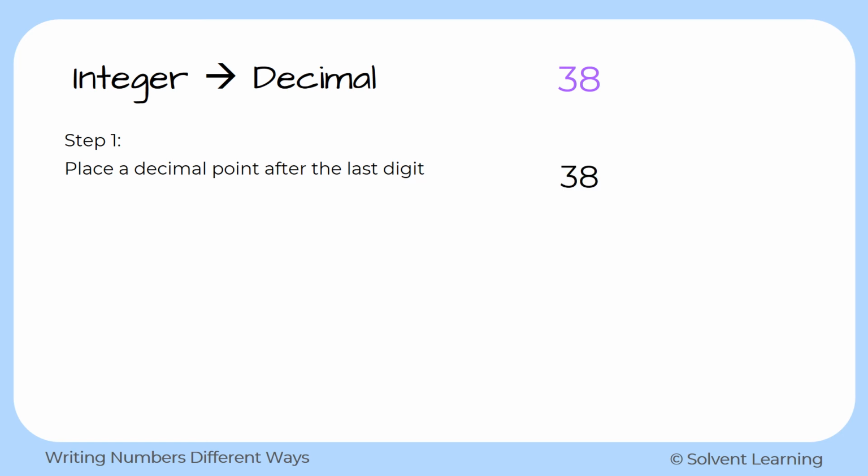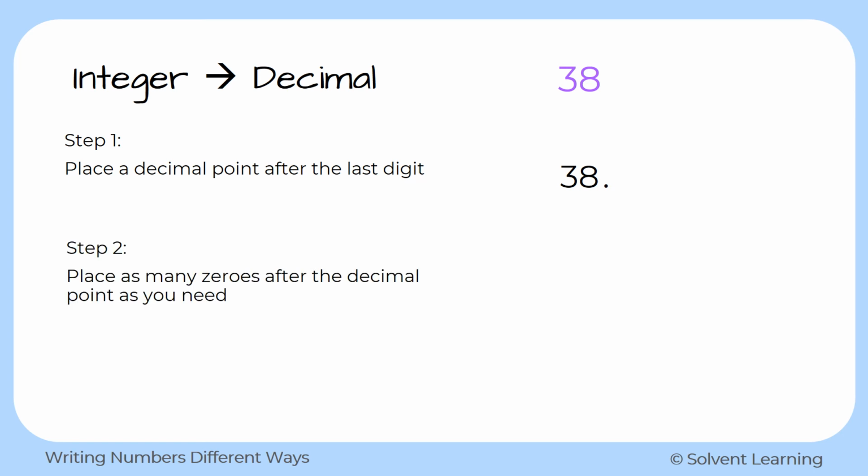So we copy that 38 over, place a decimal point after it, and then our next step is to place some zeros after that decimal point. And the number of zeros really depends on the problem that we're working on or the specific situation. We might need just 1 zero. We could have 2 zeros, or we could keep going and add as many zeros at the end as we need to.